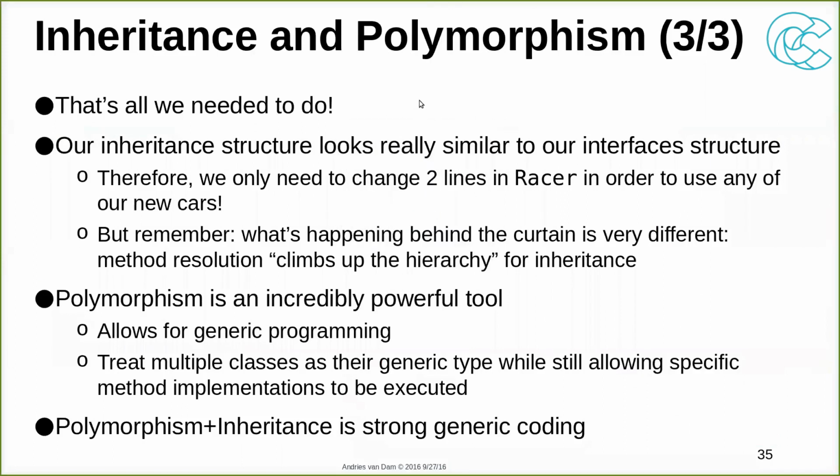So yeah, that's how we'll be making use of inheritance and polymorphism. We have seen that with the transportation interface example. If you add more types of cars, then we only need to change a few lines.